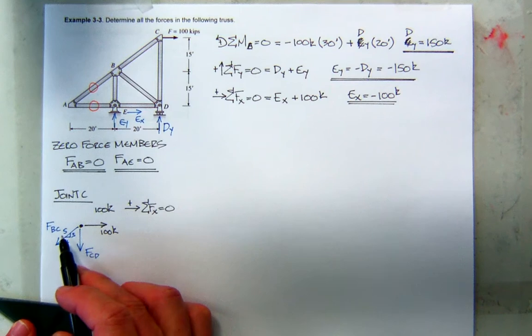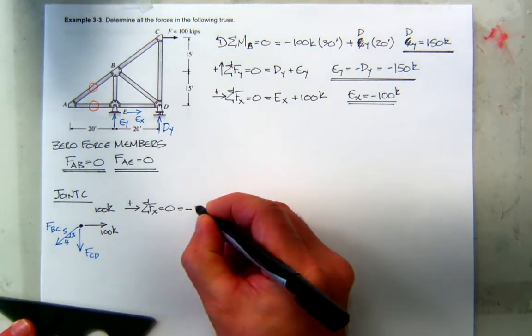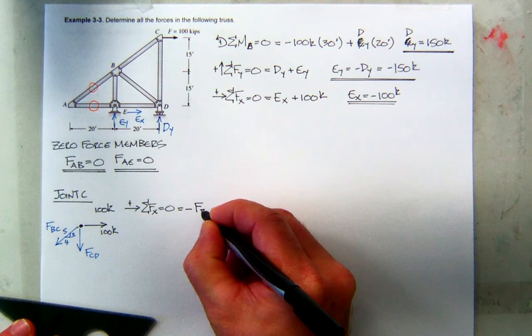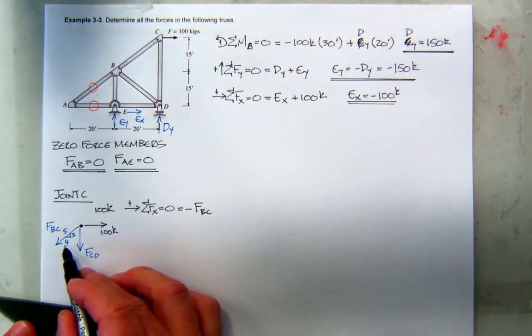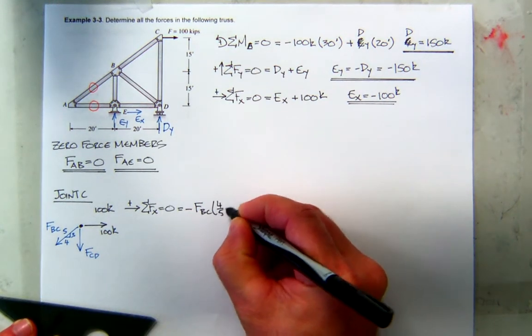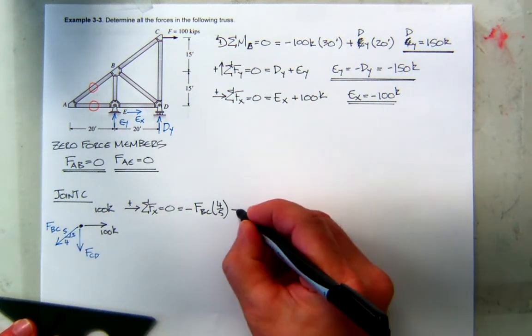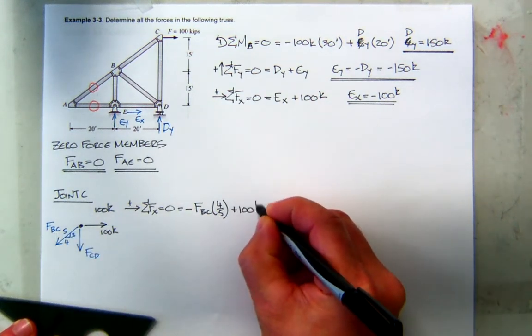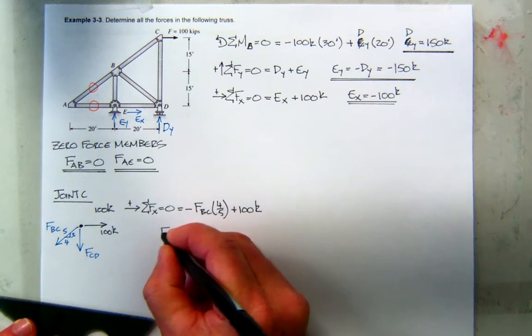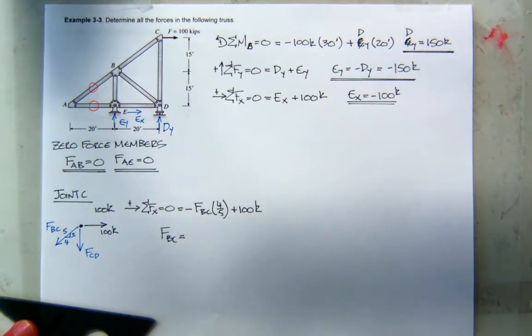And force BC, the x component, is negative. And the horizontal component would be 4/5. So there's the horizontal component of BC balanced by the applied 100 kip force. So the force in BC looks to be positive and looks to be 125.